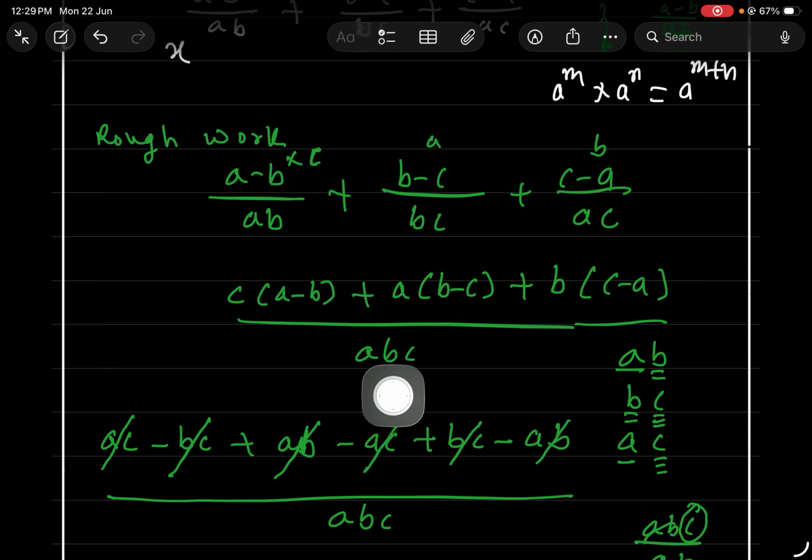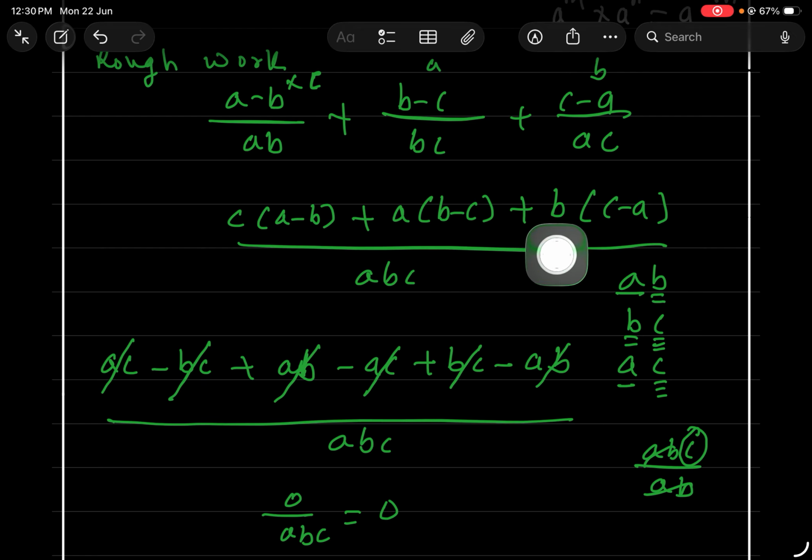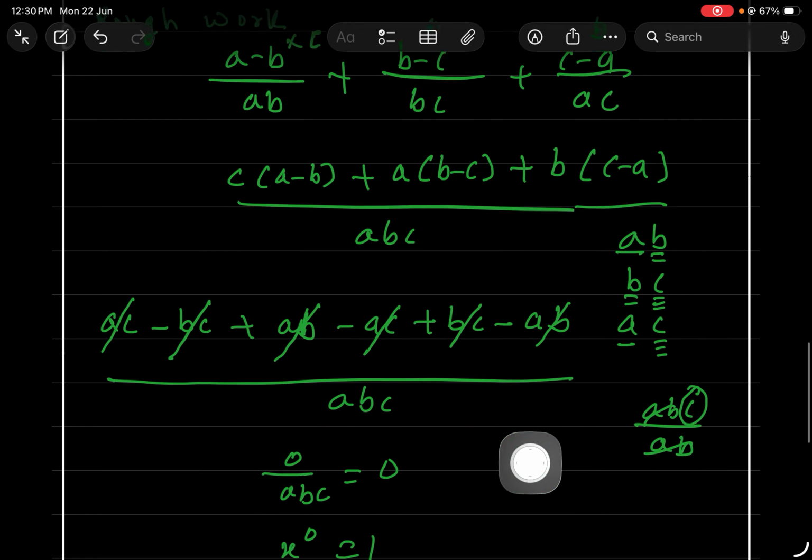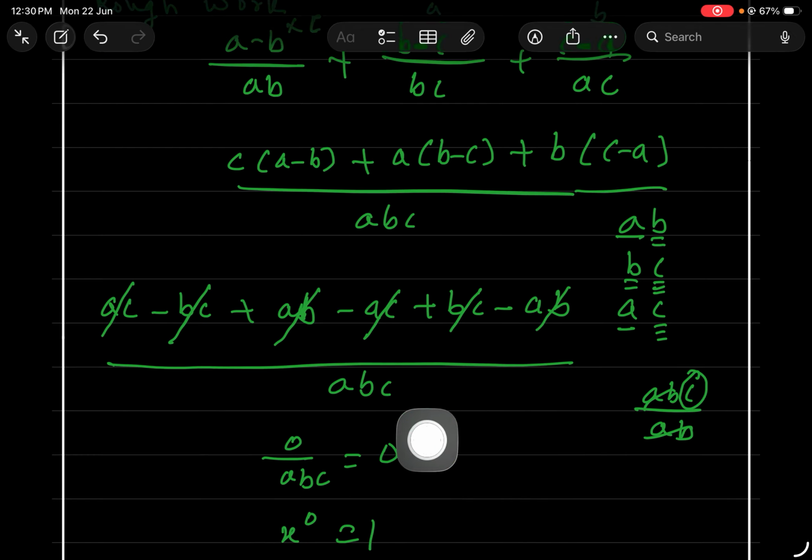So we get c(a-b) + a(b-c) + b(c-a) over abc, which is ac - bc + ab - ac + bc - ab. Everything cancels and we get 0/abc = 0.